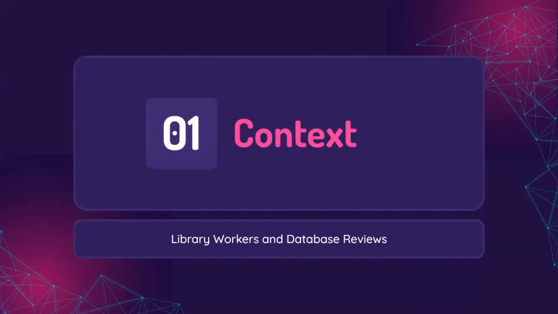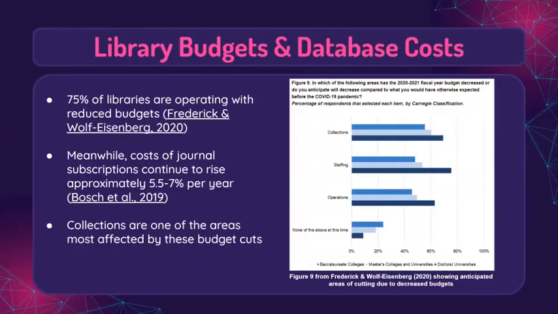So to provide context, I'm thinking about library workers and database review, as I've said. Before I talk about my specific situation, I want to give a broad context. None of this should be new information to many library workers, but I thought it'd be helpful to start with some numbers, because librarians, information workers, library workers, we love our numbers. So I want to talk about the state of libraries in the past maybe 10 years.